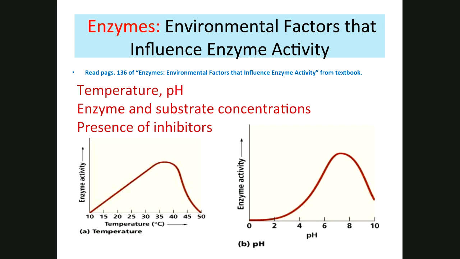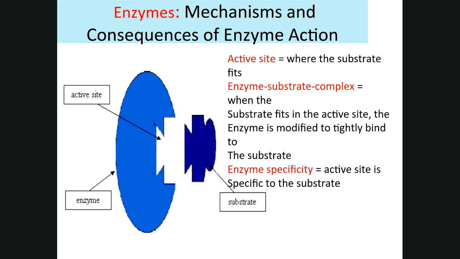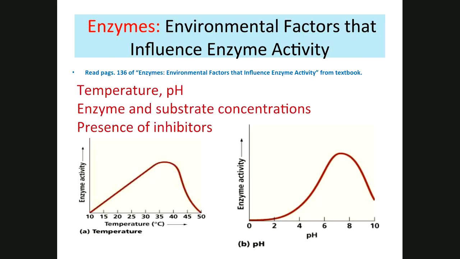Proteins are very sensitive to their environment. So enzymes are sensitive to changes in temperature, pH, the concentration of the substrates, and the presence of inhibitors that could fit into the active site, for example, or bind to the enzyme and change the shape of the active site. So inhibitors will be substances that prevent enzymes from working.